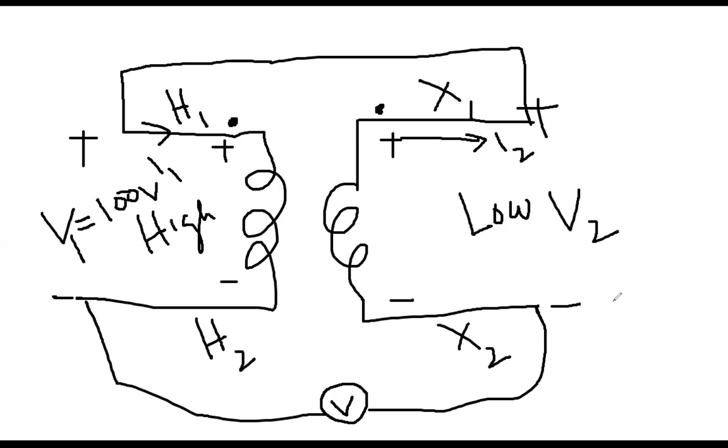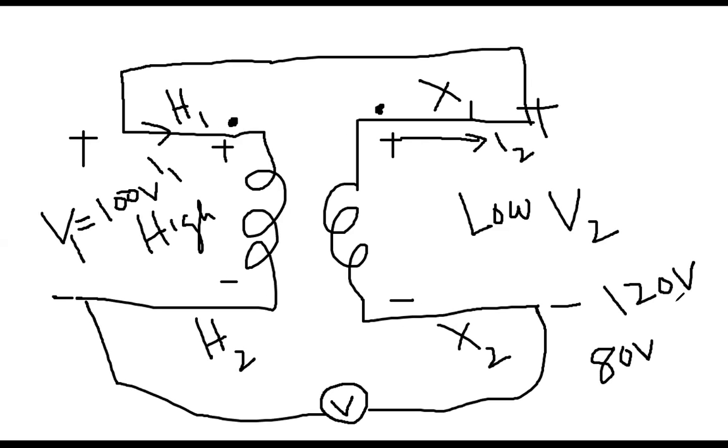Now, for example, if it is 100 volt here and this voltmeter gave you a lower value, say 100 volt rating. Or for example, it was 100 volt here, but this voltmeter gave you 120 volt or even much higher voltage.